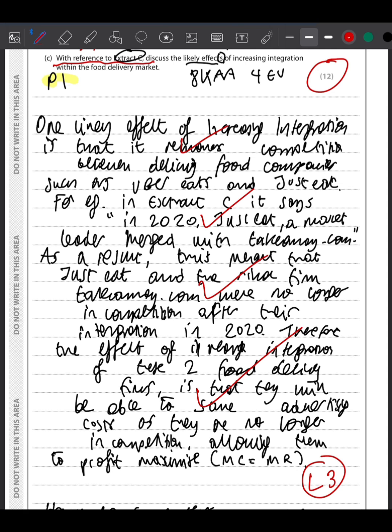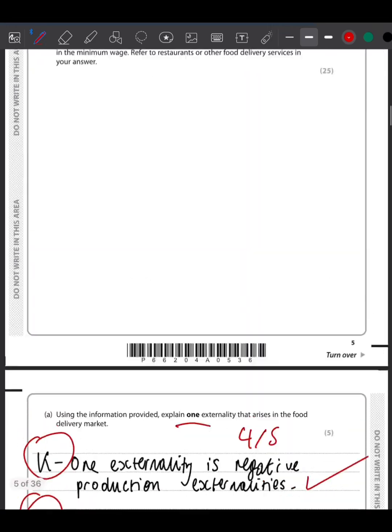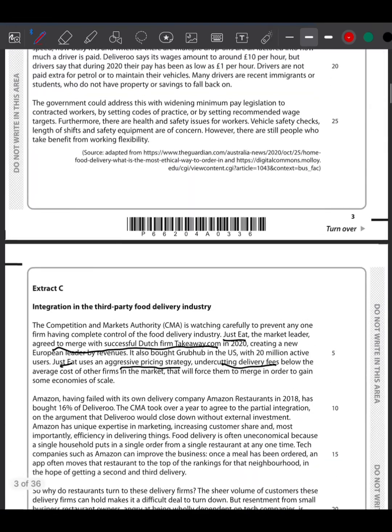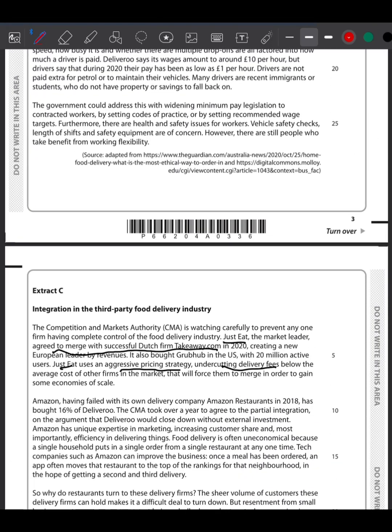So I would say one likely effect of increasing integration within the food delivery market is that it would reduce choices for consumers, or actually even better, from what we saw in the extract, we could say that it reduces prices for consumers.